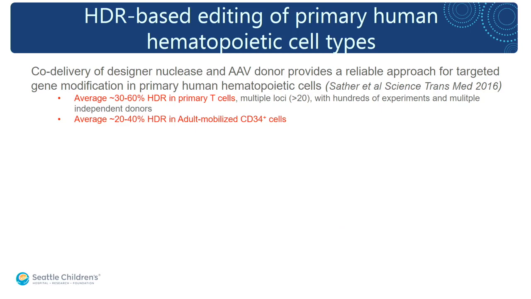What we found about 2 years ago was that if we use adeno-associated viruses to deliver the DNA template, we could get this amazing rate of homology directed repair in primary T cells. And we now move this into mobilized CD34 hematopoietic stem cells.